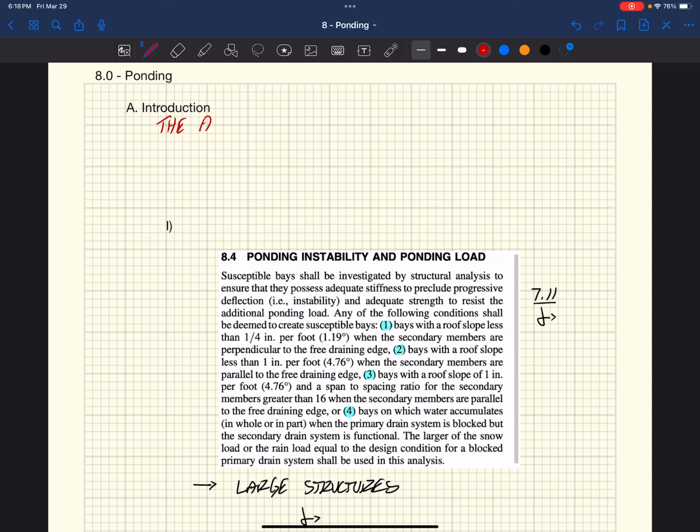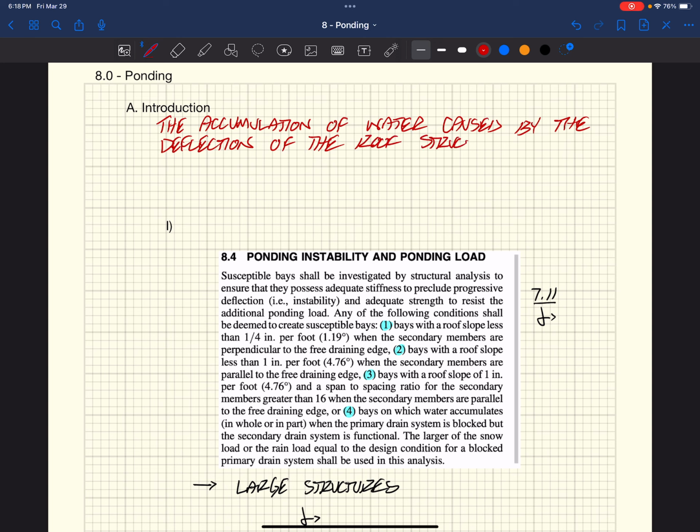So the accumulation of water caused by the deflection of the roof structure resulting in added load, right? And that definition comes right out of ASCE 7.